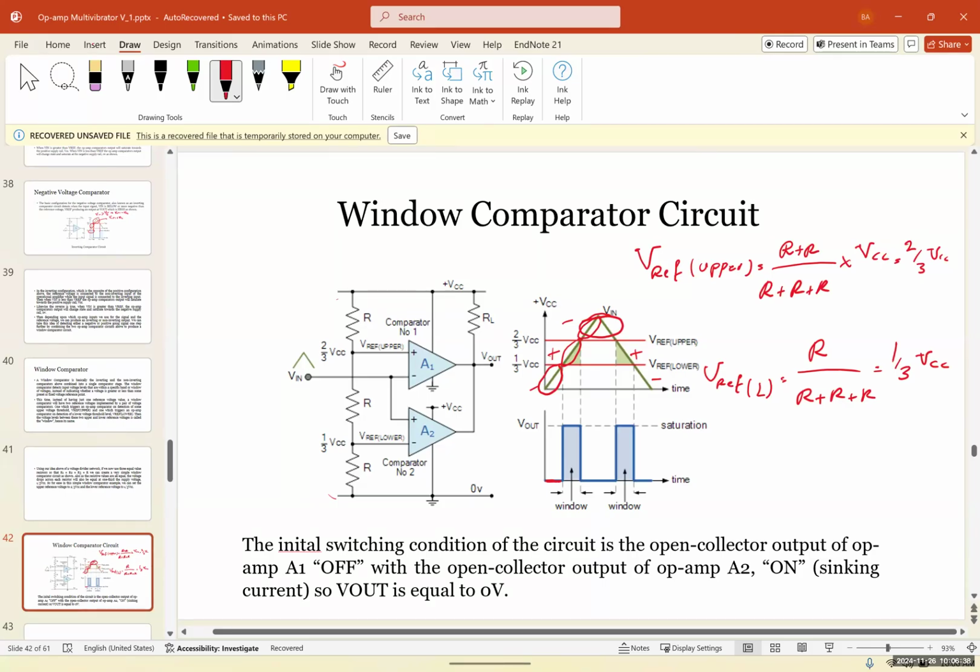So this is very good and has a lot of applications. One application is creating PWM signals, and there are a lot of applications in digital circuit design.